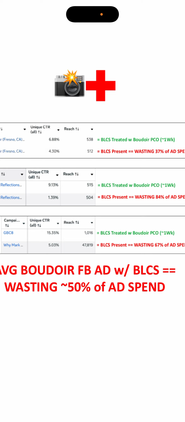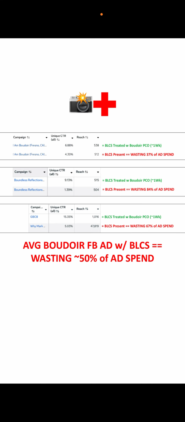So that's insanely good. So we found out the original Boudoir Facebook ad was wasting 67% of the ad spend. So if you spend 10 grand a month on that original ad, 6,700 bucks of that every single month is being wasted. So now we can reduce our ad spend by 6,700 bucks a month and simply spend 3,300 bucks a month on the new Boudoir Pico treated ad.